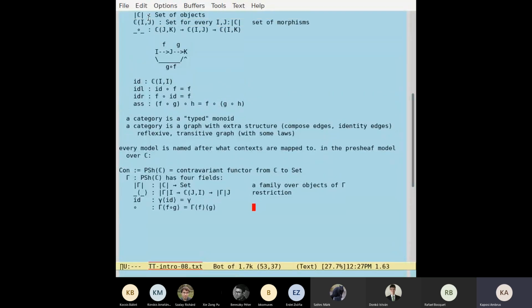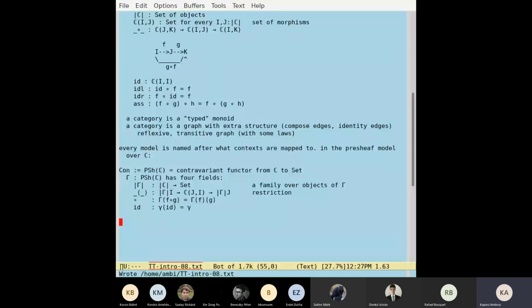So the category has a set of objects, and for each element of this set, I get a new set. And for each morphism, I get a restriction. And then I should have written the other order. And for composition and identity, I get these laws that this restriction is compatible with composition and it's compatible with identity.